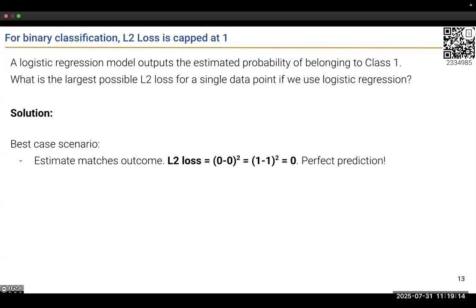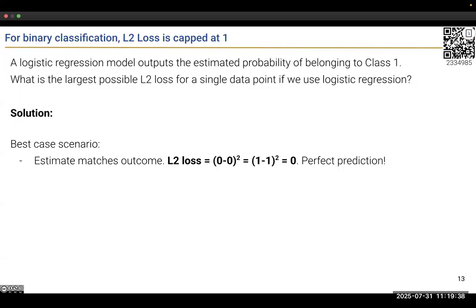Say the true response is 1, so your data point belongs to class 1, and you predict the probability of 1, then your L2 loss is 0. Same thing if your data point belongs to class 0, and you predict a probability of 0, you also get an L2 loss of 0.